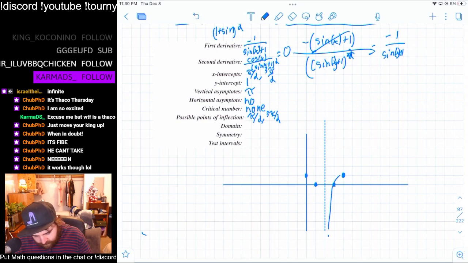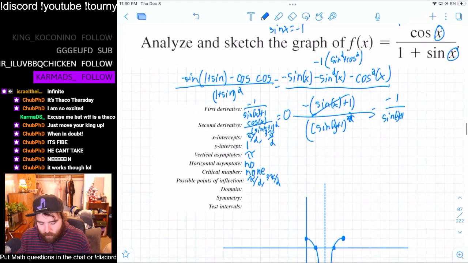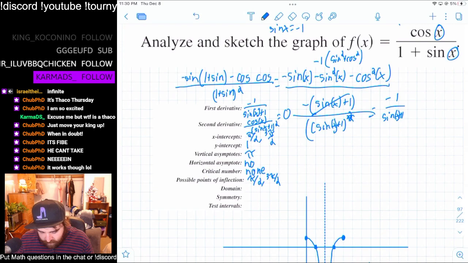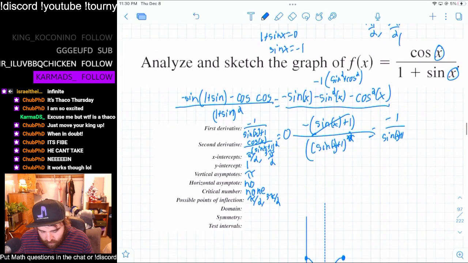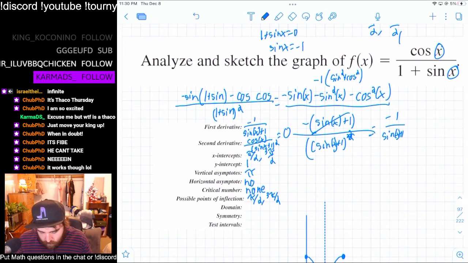So it feels like it's going to be something like that. But that's going to have the first derivative. The first derivative is what's throwing me for such a loop. The first derivative is never 0.